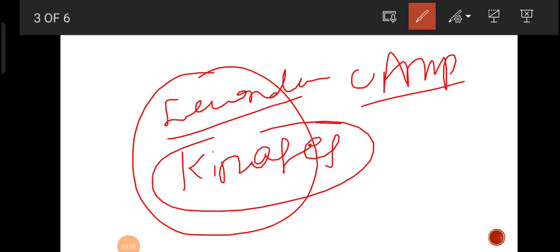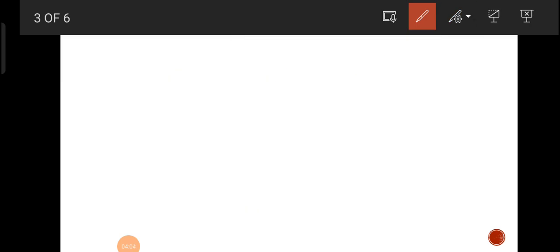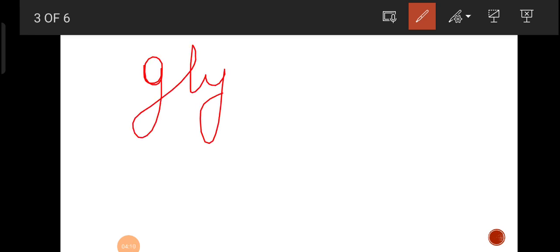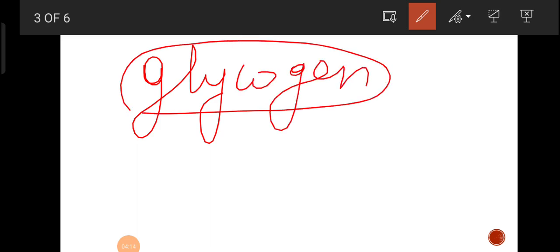Kinase is one of the enzymes present in every cell of the body. After the activation of these kinases, they start producing, or synthesizing, glycogen. This is our aim, the conversion of glucose into glycogen. So this is the result.